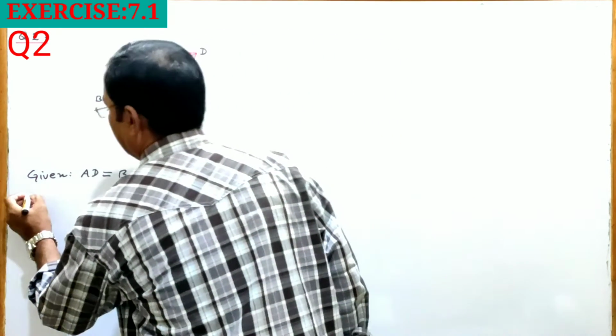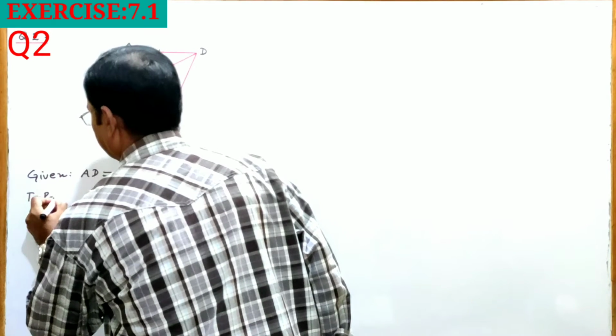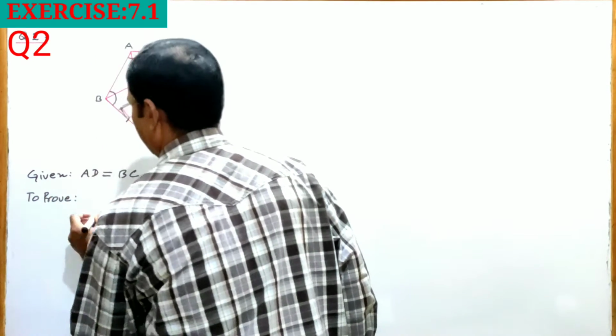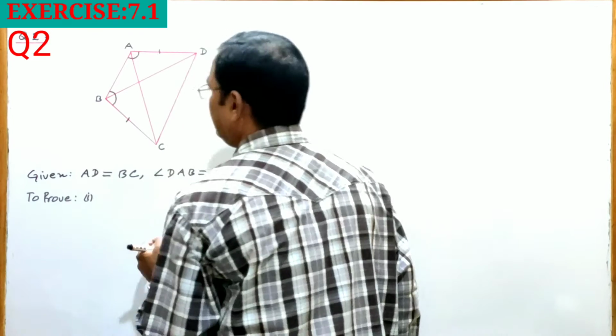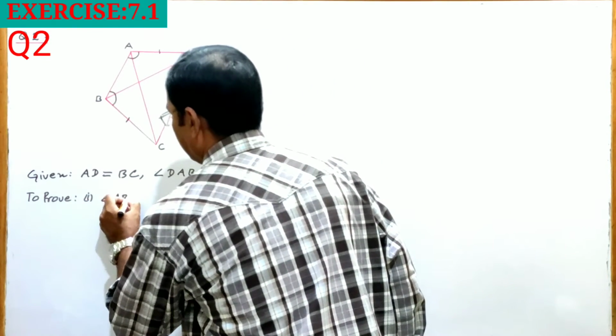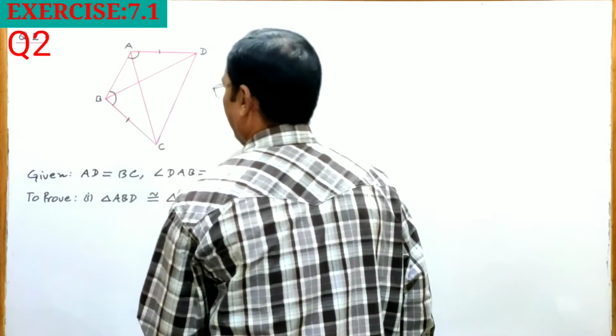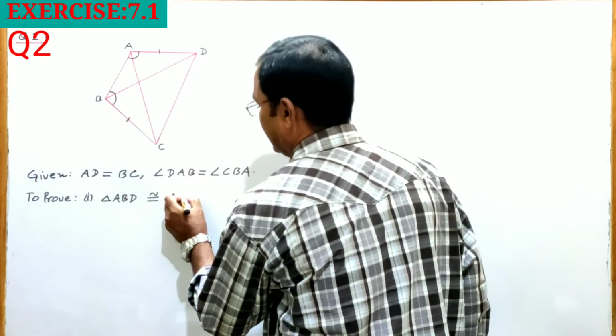Then we have to prove that triangle ABD is congruent to triangle BAC.